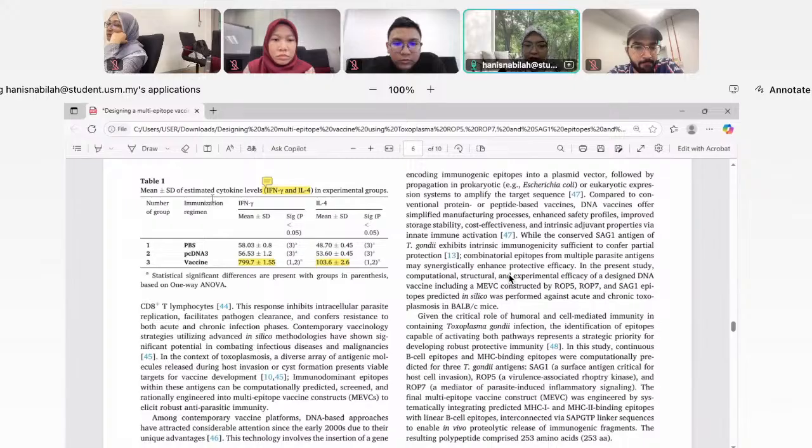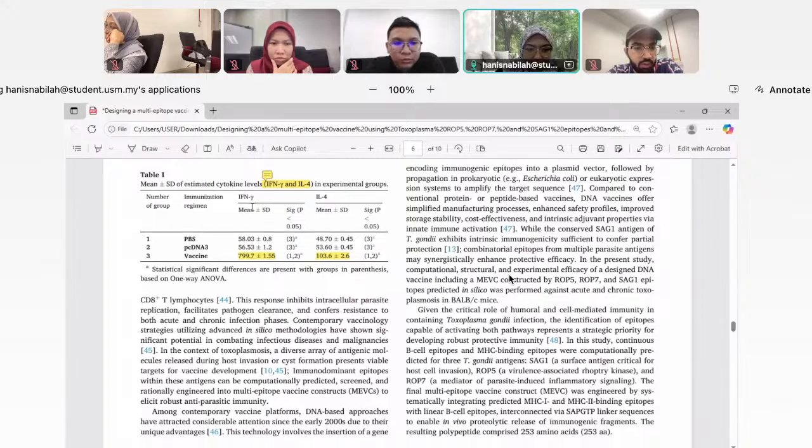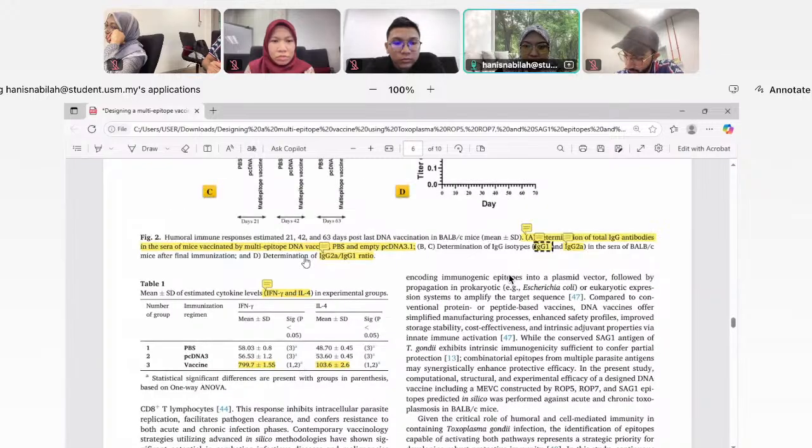Okay, this is the cytokine level, sorry, not the mRNA one. The cytokine level of interferon gamma in the vaccine group is higher compared to interleukin 4. So this complements the result that we get from here.